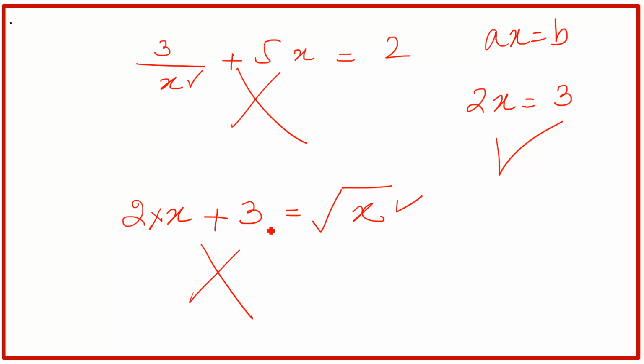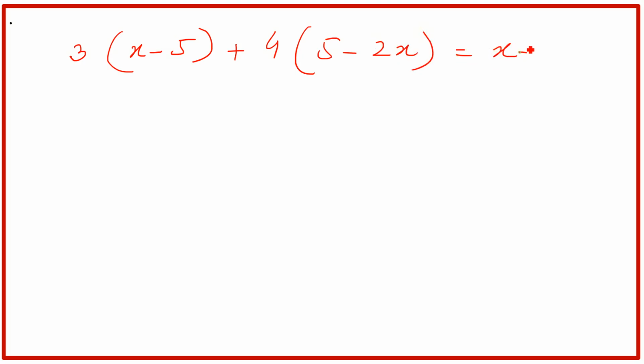So the objective in this section of this chapter is to solve the linear equation in one variable. Suppose we have a question like this: 3 into (x minus 5) plus 4 into (5 minus 2x) is equal to x plus 5. This is the left hand side of the equation, this is the right hand side of the equation.